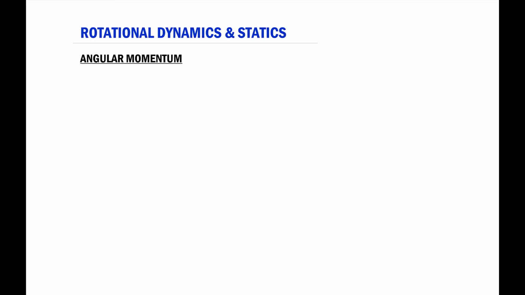So now let's move on to angular momentum. In the linear world, we had linear momentum p equals m v. But in the rotational world, we have angular momentum. And by now, you're probably familiar with all of the rotational analogs of the linear world. So when we move on to the rotational world, we know that the rotational equivalent of mass is I, the moment of inertia, and the rotational equivalent of velocity is omega for angular velocity.